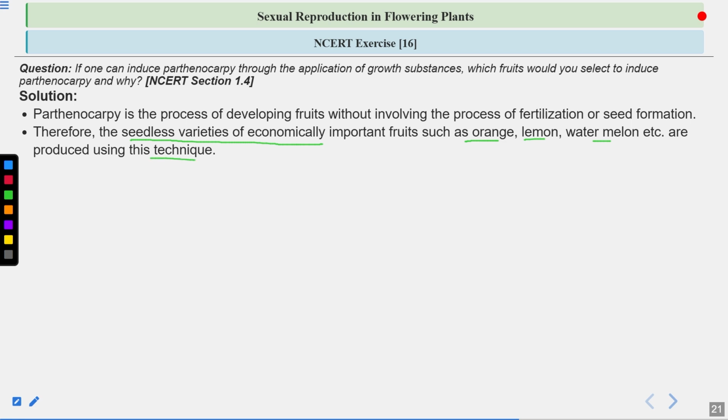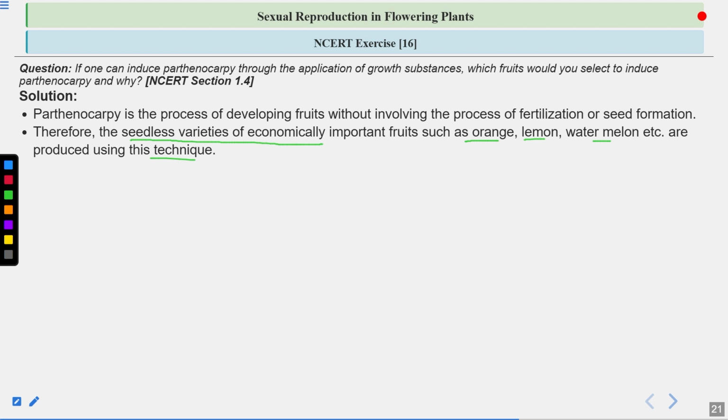There is a pollen pistil interaction. This occurs naturally after pollination, but you can take two different cells of two different varieties of the banana. I'm just taking the example of banana in the laboratory.